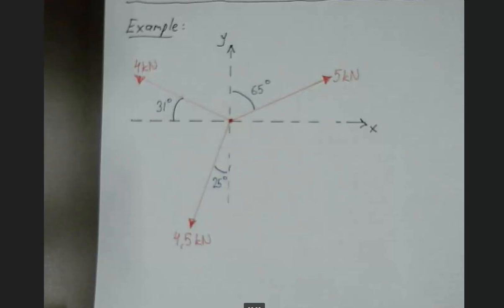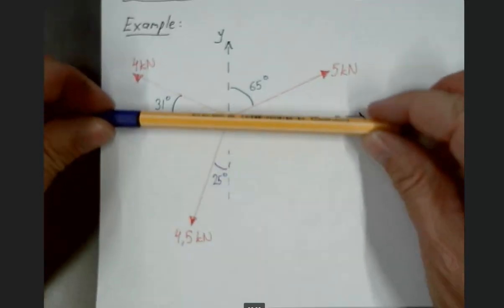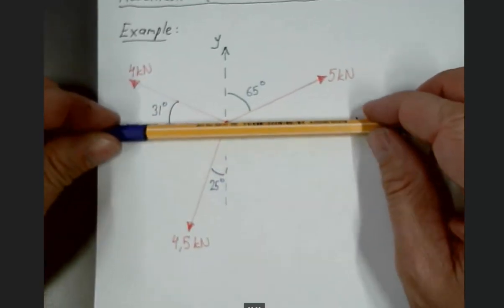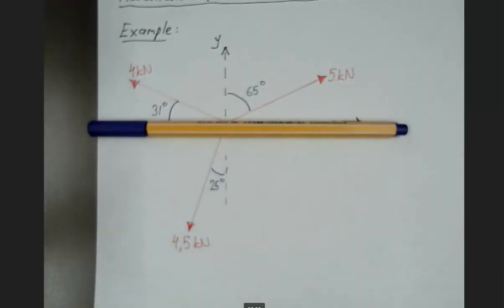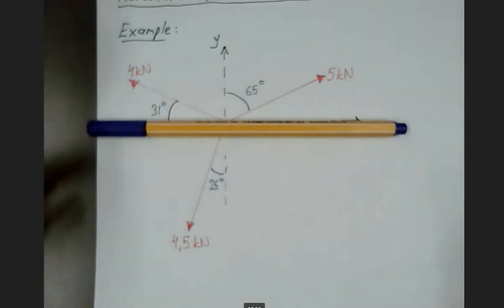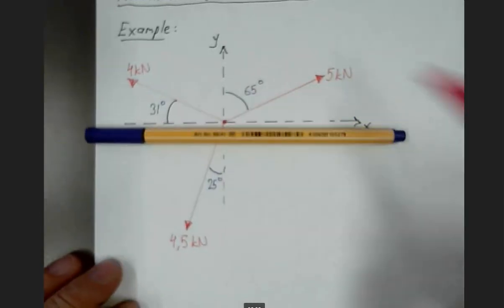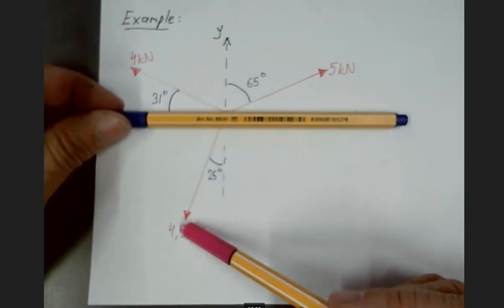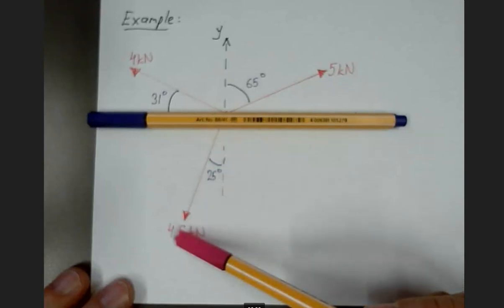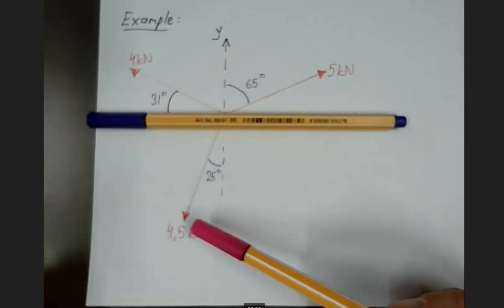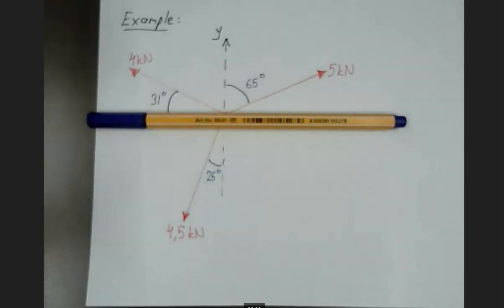But when we are calculating the y component, then we compare those forces to the horizontal plane, and in that case these two forces are pointing upwards, and those will get plus sign, and this vector is pointing downwards, so that would get minus sign to the y component of that resultant force.